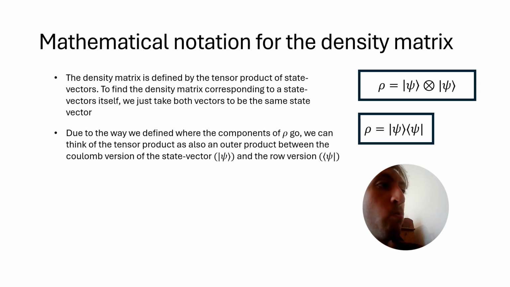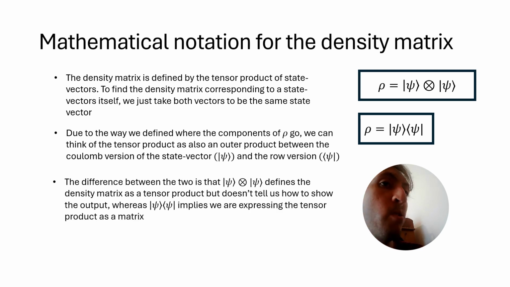And that's just another way of writing the density matrix. The difference is, whereas the top equation defines what it is legitimately in terms of a tensor product, the bottom equation gives us a way to express it as a matrix, but matrix is a very good way to express it, so we'll be sticking with that.